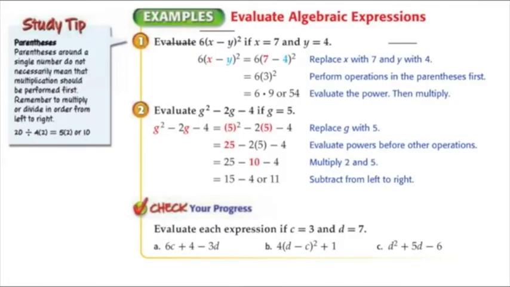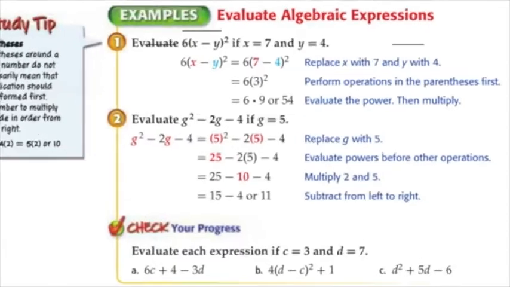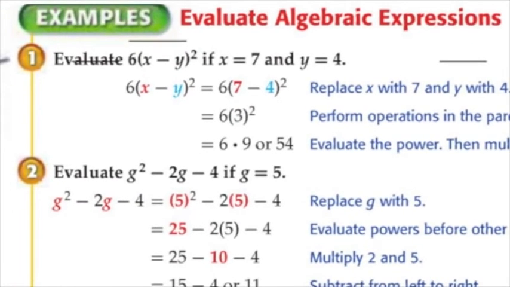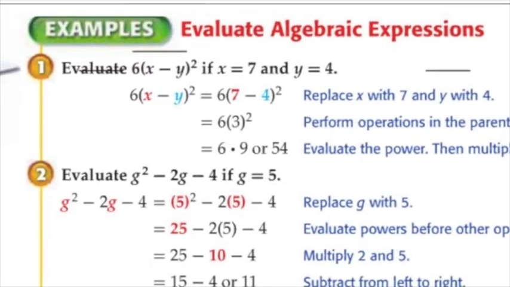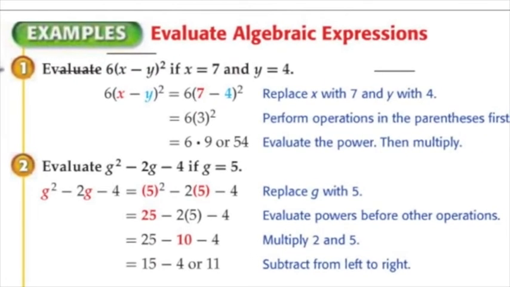Okay, let's see if we can evaluate some of these algebraic expressions. Looking at this first one, 6 times x minus y squared, if x equals 7 and y equals 4. The first thing we're going to want to do here is replace x with 7 and replace y with 4. So we'd rewrite it as 6 times 7 minus 4 squared.